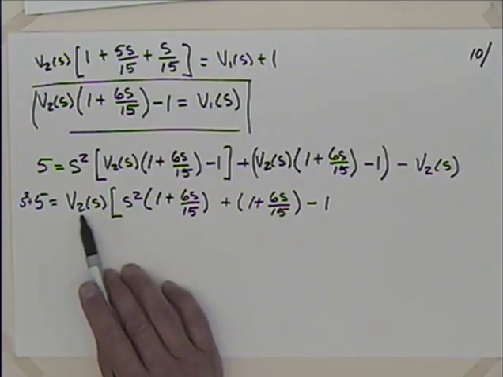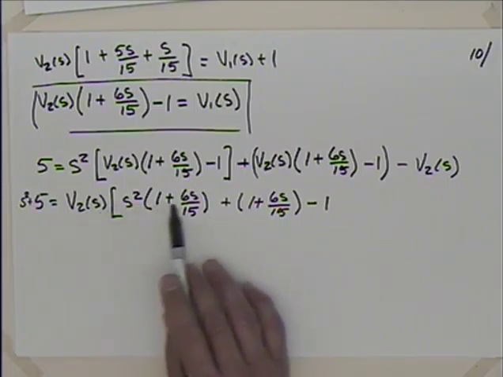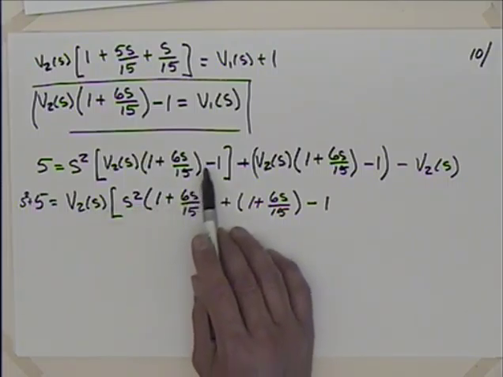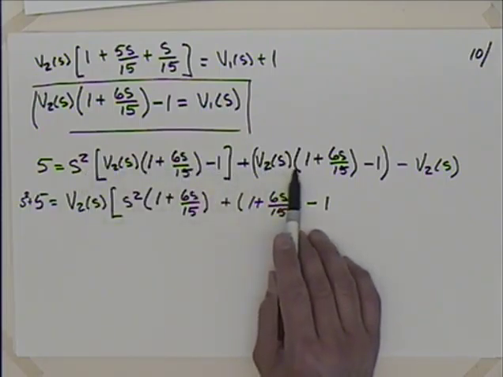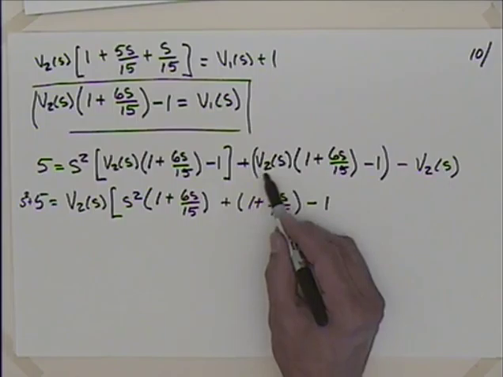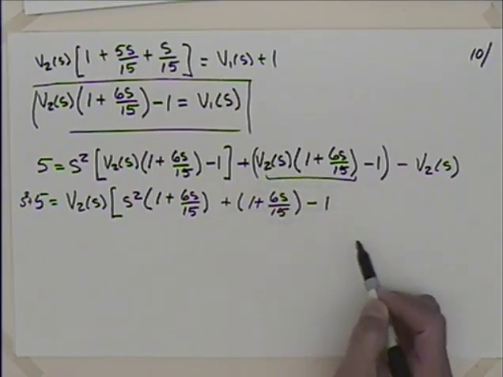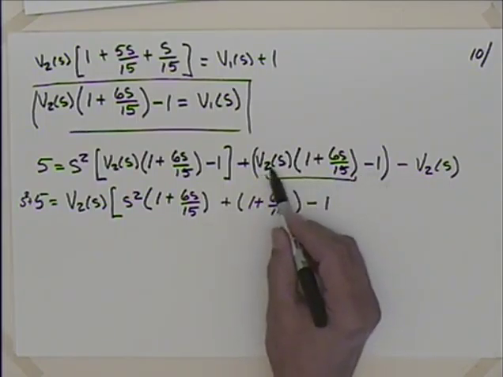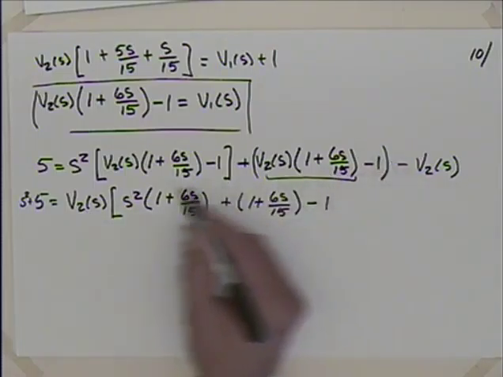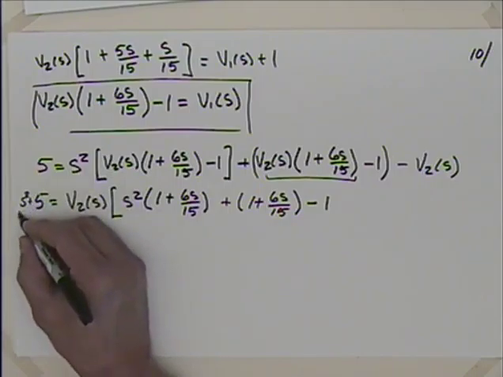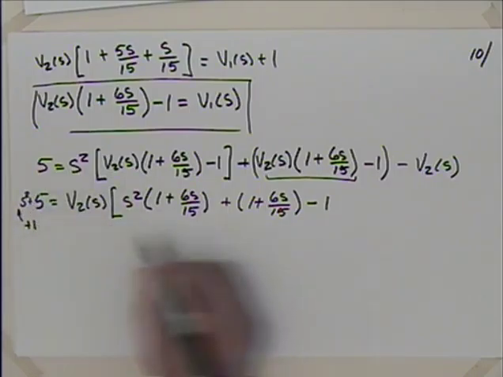So s squared goes out on that one. Then I had this. Okay, so this is V2 times that. So this has the V2 in it. This is just minus 1. So that's going to come over here as a, I'm going to add to that positive 1.